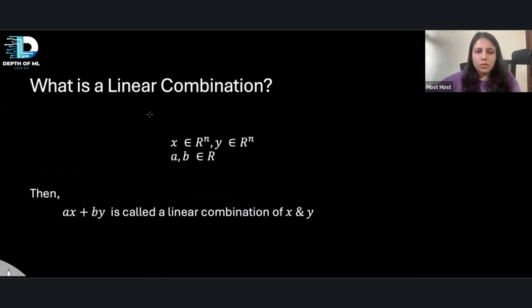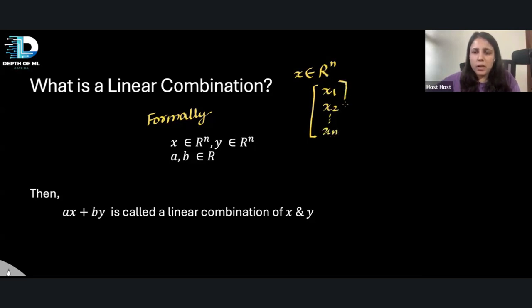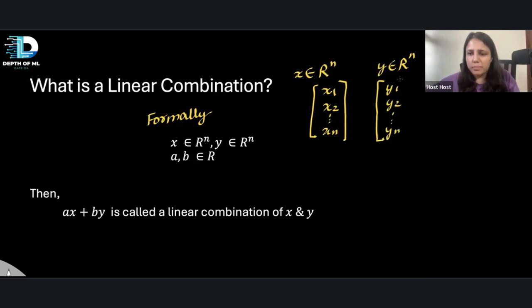Formally, if x is a vector that belongs to Rn, what I mean is that when I'm representing x, I have n coordinate values: x1, x2, ..., xn. Similarly, y belongs to Rn, so y also has n coordinate values used to represent this vector: y1, y2, ..., yn. And a and b are scalars which belong to the real number line. So when we do ax plus by, that is called the linear combination of x and y.